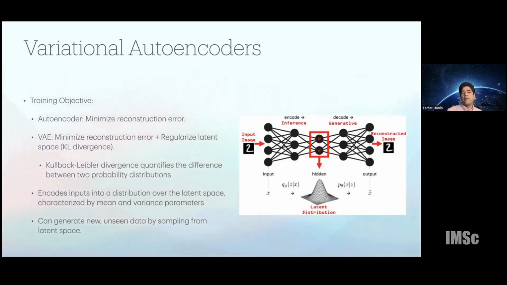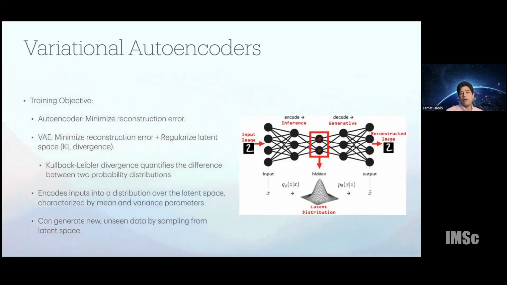So the next step that people came up with was variational autoencoders. With variational autoencoders, you not just have a hidden layer, but you also impose a condition on what kind of distribution the points in the hidden layer have.